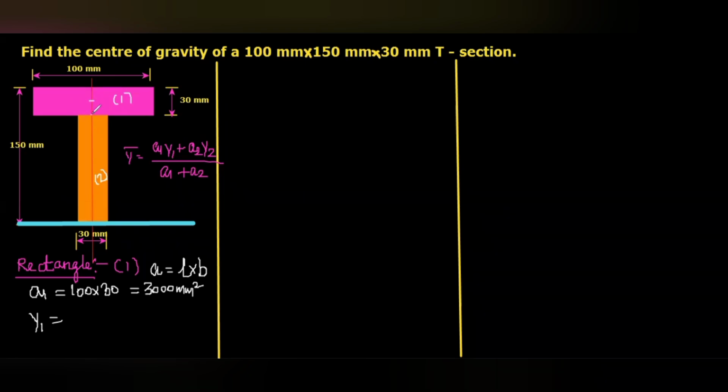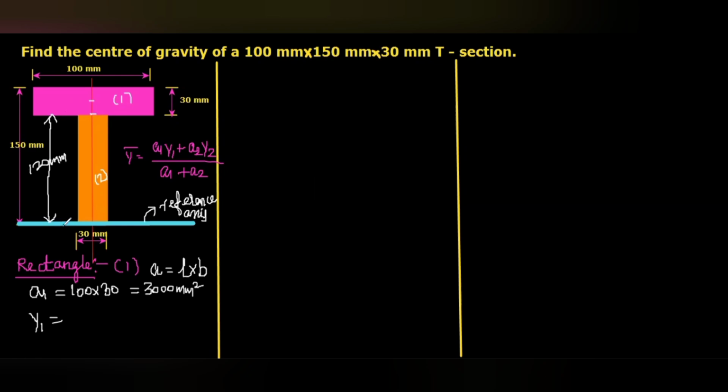But here we have to calculate this y1, that is the distance of the center of gravity of the rectangle 1 from the reference. This is actually the reference axis for y bar. From this, the distance is 30 mm, but we need the distance from the reference. From here to here it is 150 mm and this dimension is 30 mm, so that actually is 120 mm.